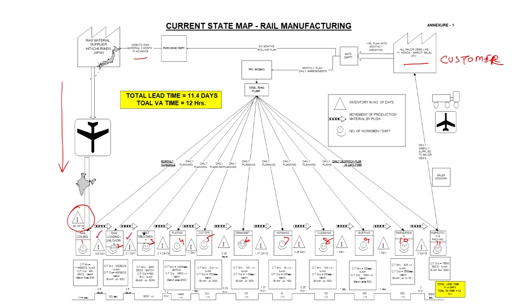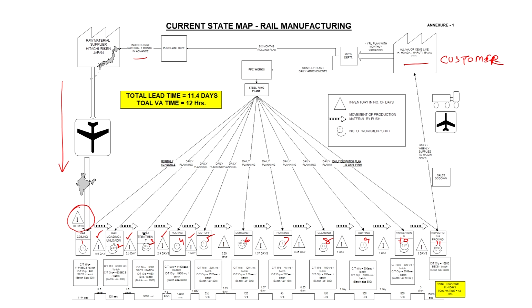So, these are your inventory points between the two stations, so that all stations are independently planned. All stations are planned independently by the PPC department. So, that is the situation, and then there are certain numbers at the bottom, that is how much is the batch size, what is the processing time, cycle time, etcetera, mentioned here. So, now what happens here?